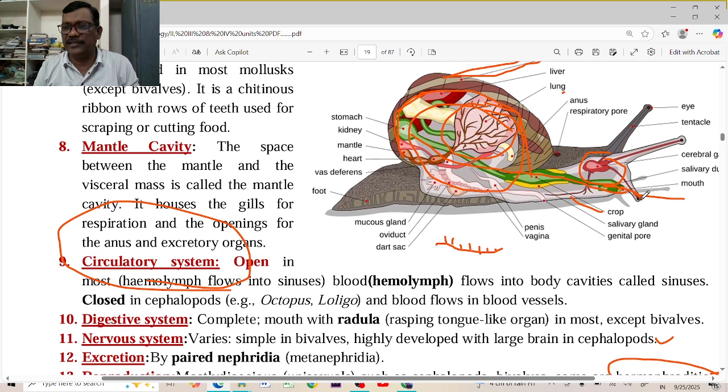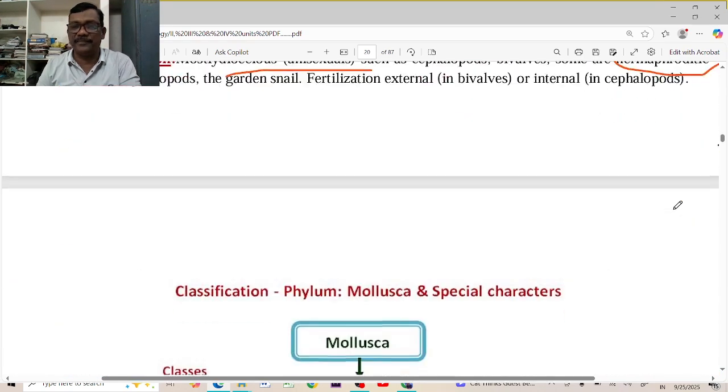This osphradium can test the purity of the water. If the water is very pure, the organism comes out from the shell. This is the foot. These are the tentacles.